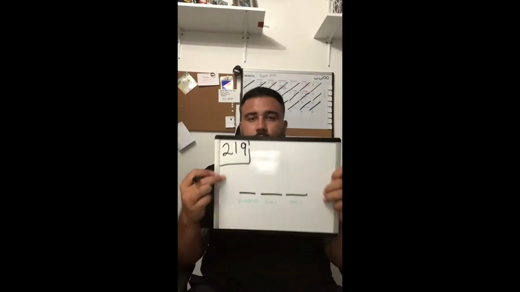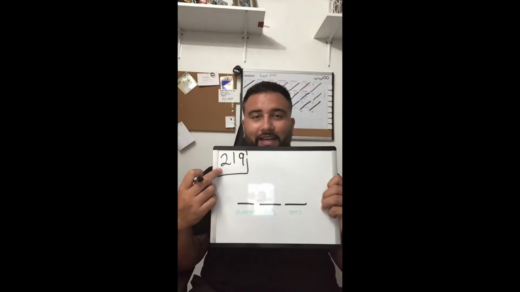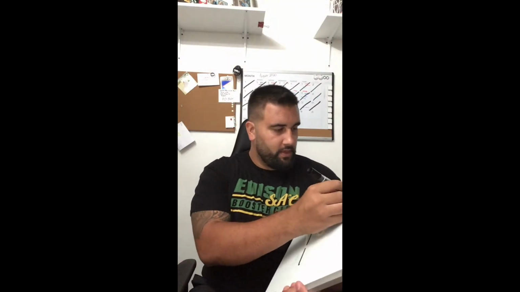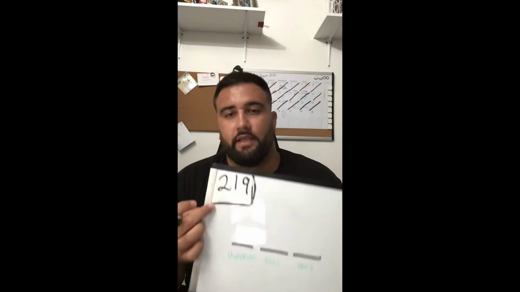Okay. Right, we got 219 now. So, awesome. So we're taking this one, right? 219. We're gonna start it just like we did the last ones. We can write our 9 in the ones value, right? We can write the 1 and the 2.